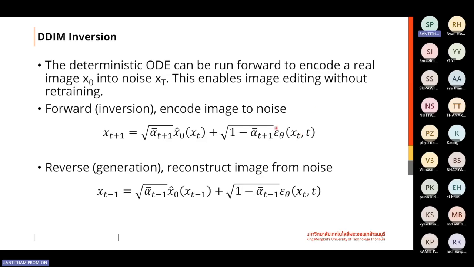So adding noise of that step to the original image will give you the image at that iteration. For the reverse or generative part, which reconstructs the image from noise, will be the prediction, right? And then you have the error prediction come from here as well.